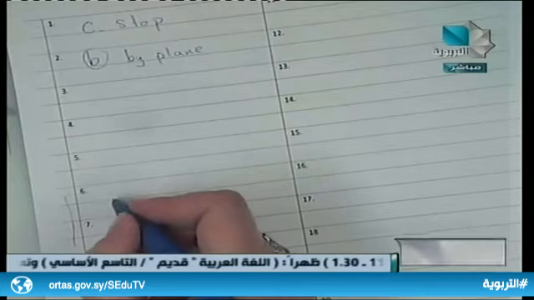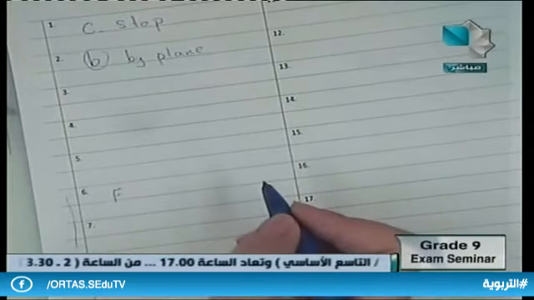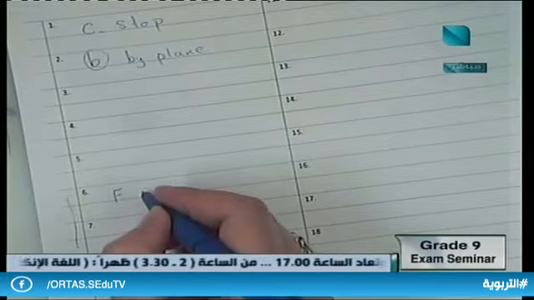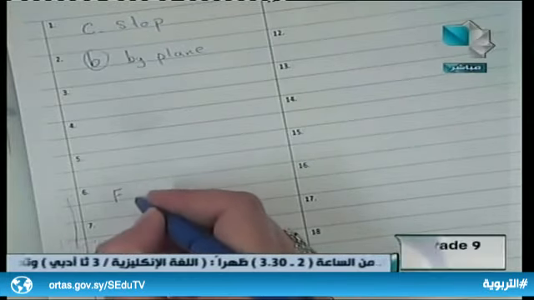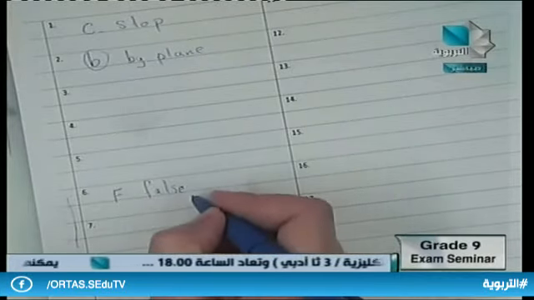Next to number 6, I can write the letter F only, or I can write false, or I can use the X mark.